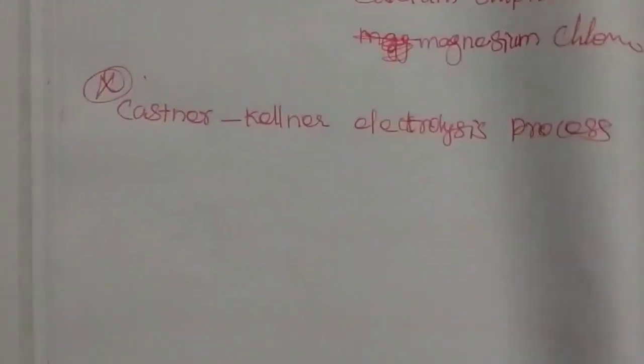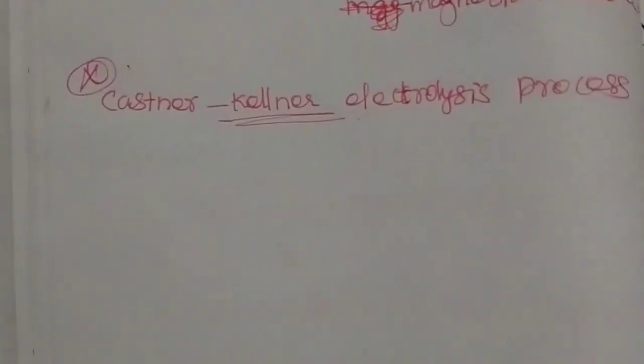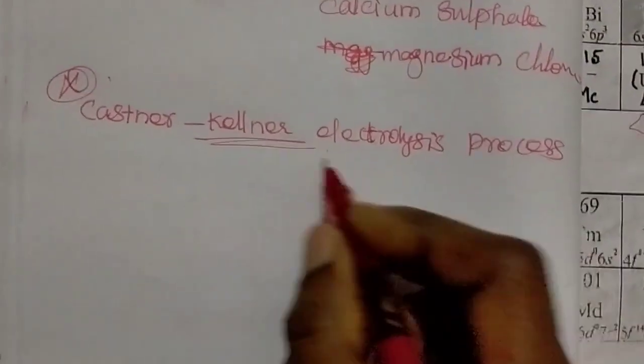This is also one of the important questions. So the Castner-Kellner electrolysis process is an electrolysis process.